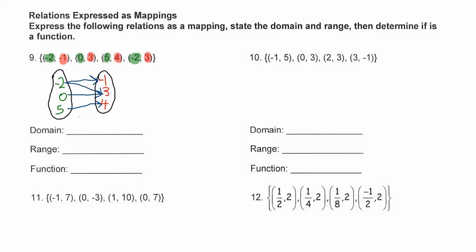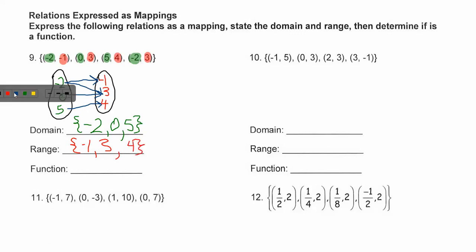And this is real easy again. Domain is just the first oval: -2, 0, 5. Range is going to be -1, 3, and 4.